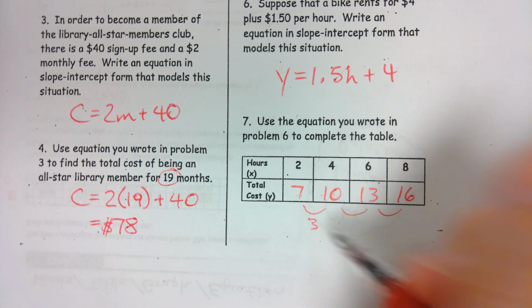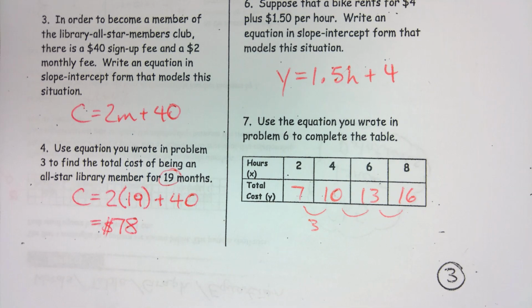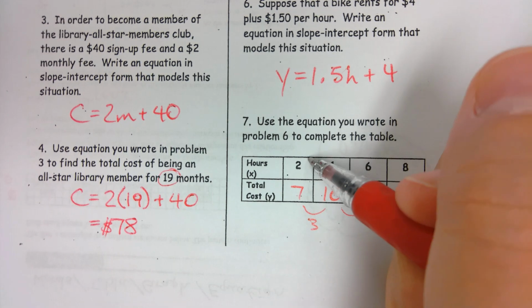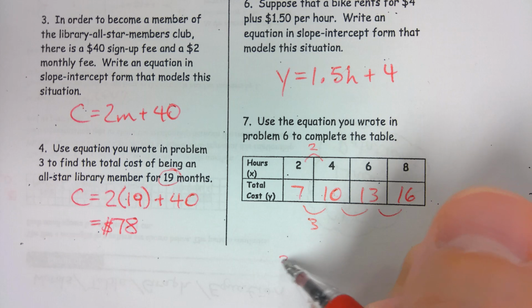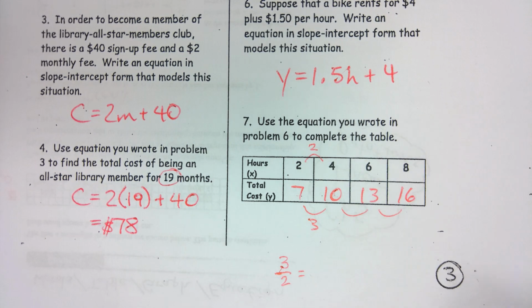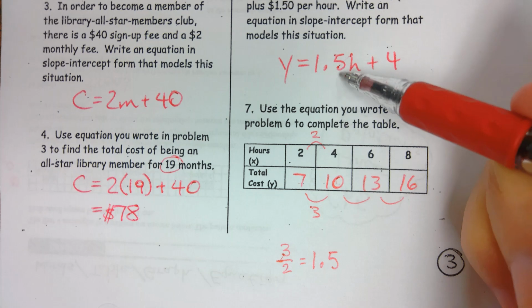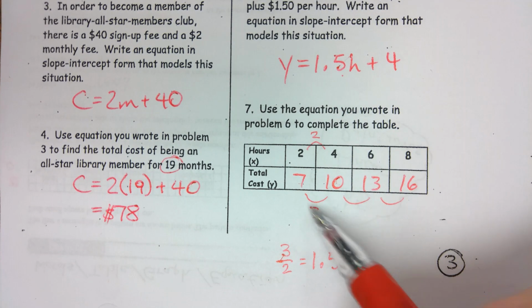3. Okay. But so Shrenik, is 3 my slope? No, because it's not increasing by 1, it's increasing by 2. But when you do 3 divided by 2, what do you get? 1.5, which is the slope right here. So your first difference, that's good.